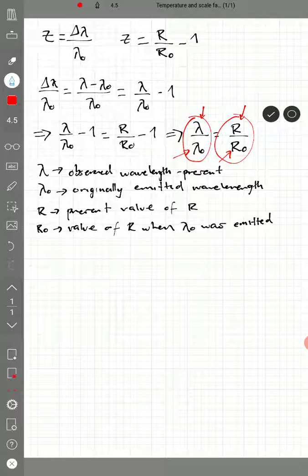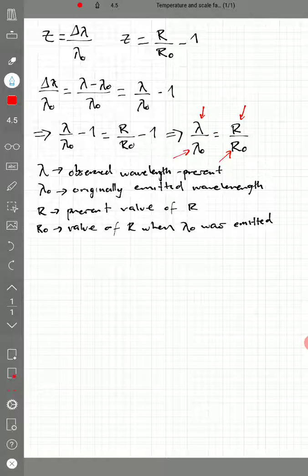Now, that connection is very important because it gives you a different interpretation of the origin of the redshift. We said that the redshift is observed because galaxies are moving away from us at a velocity, and so we apply the Doppler effect to that velocity, and we can obviously detect the redshift.